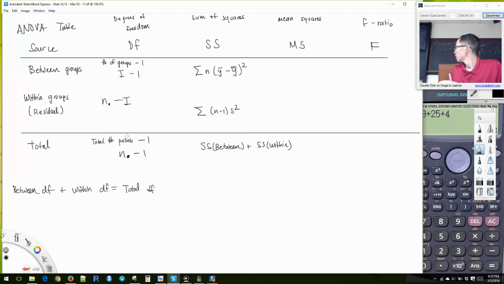Okay, and so our mean squares value is always going to be sum of squares divided by degrees of freedom. So you do sum of squares between divided by degrees of freedom between, and this is also sum of squares divided by degrees of freedom. If I did this to sum of squares total divided by degrees of freedom, what value would I get here?